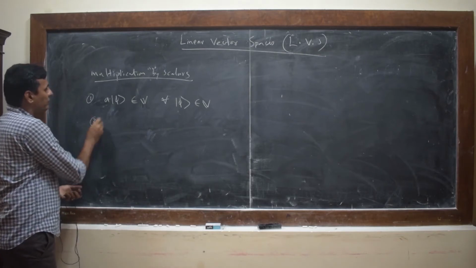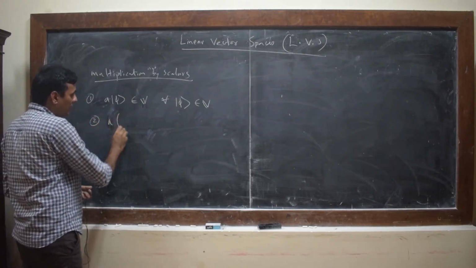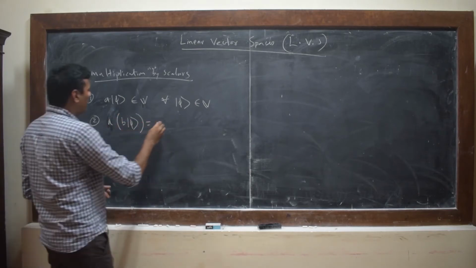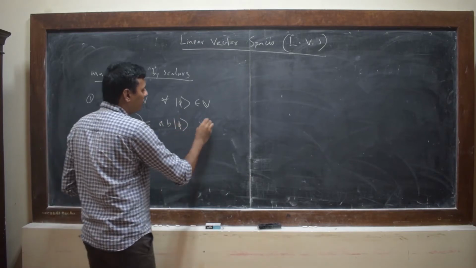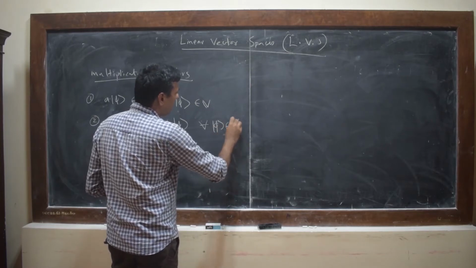And A into B phi should be equal to AB into phi for all phi belonging to the vector space.